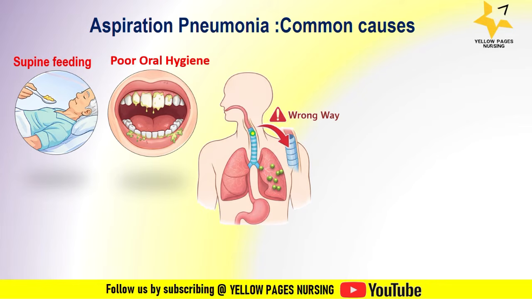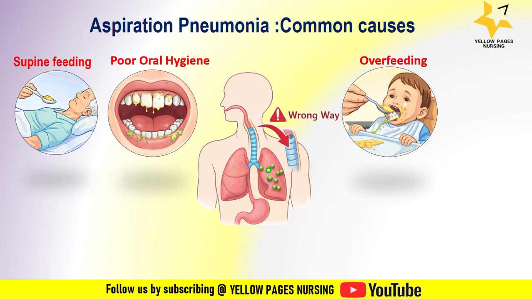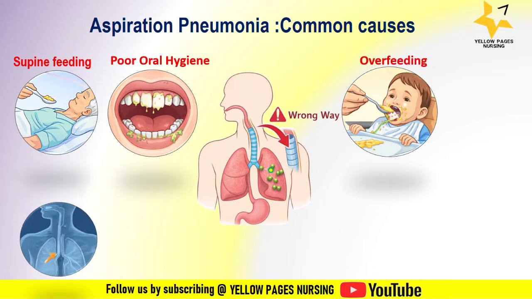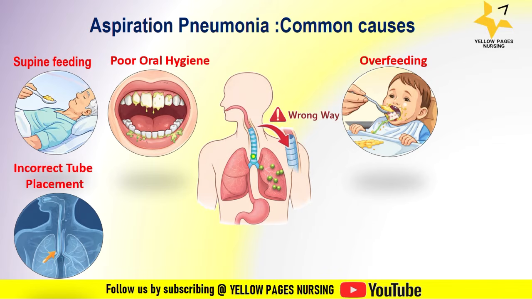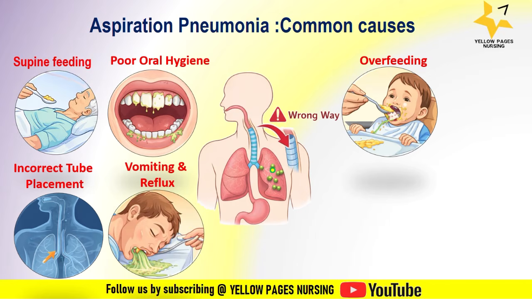Also, overfeeding the patient can increase regurgitation and risk of aspiration. The other cause is incorrect tube placement. If a tube is wrongly positioned, the feeding tube can deliver feed into the airway instead of the stomach. Next comes vomiting, where the stomach contents can flow back and be inhaled into the lungs.